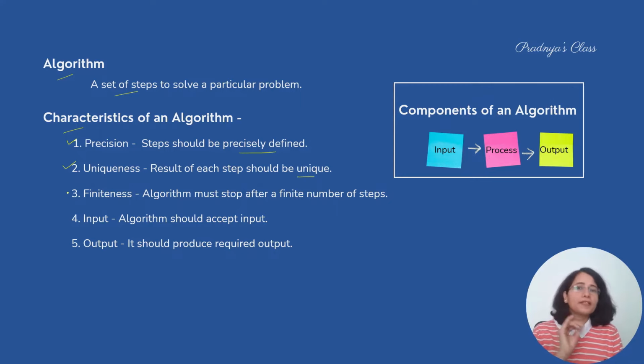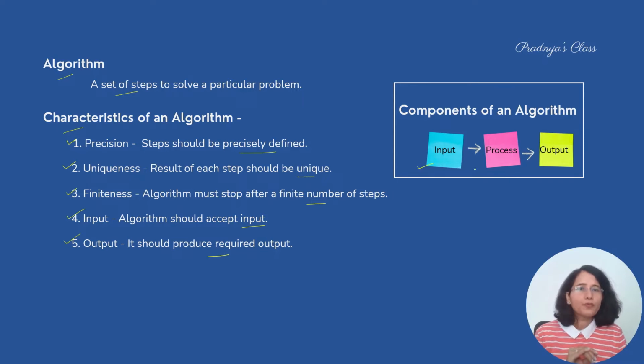The third characteristic is finiteness. An algorithm must stop after a finite number of steps, because we need a short and accurate solution for the problem. The fourth characteristic is input. An algorithm should accept input because to produce the output, we are working on some input. And the final characteristic of an algorithm is the output. So an algorithm should produce the required output.